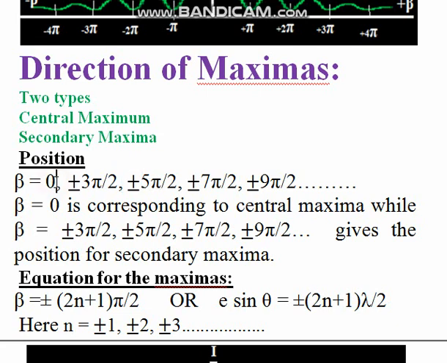Beta equal to 0 corresponds to the central maxima, because beta equal to 0 gives theta equal to 0, and the rest give the positions of the secondary maxima. You may write a general equation for the secondary maxima: e sine theta equal to plus minus (2n plus 1) lambda upon 2. All the secondary maxima will satisfy this equation.